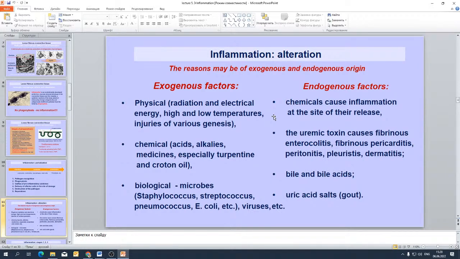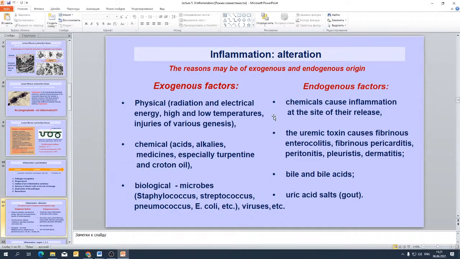Or for example, uremic toxins cause fibrinous enterocolitis. For example, a patient has a kidney disease, for example glomerulonephritis, and in future renal failure forms with a lot of uremic salts, and in future changes form in all organs.